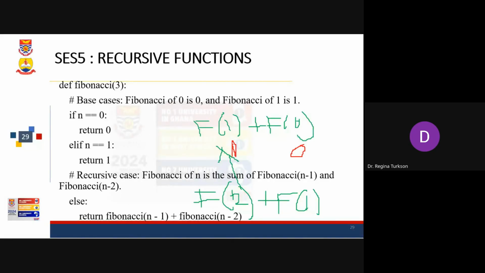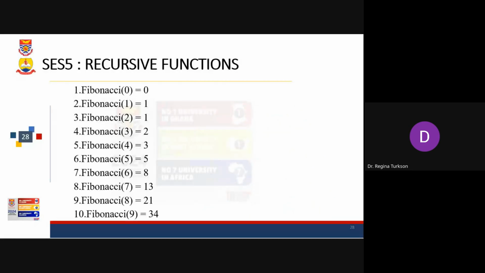Fib of 1 is 1, because the fib of 2 is what we have expanded up there. So now we add 1 plus 0 plus 1, and we get the answer to be 2. Let's go to the previous slides and see whether fib of 3 is 2. You see, fib of 3 is 2.